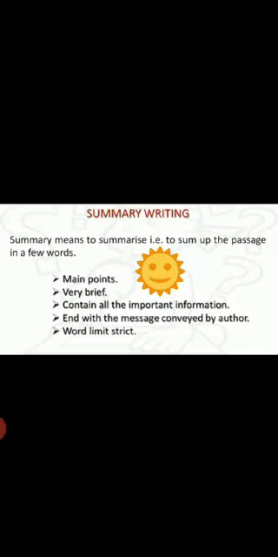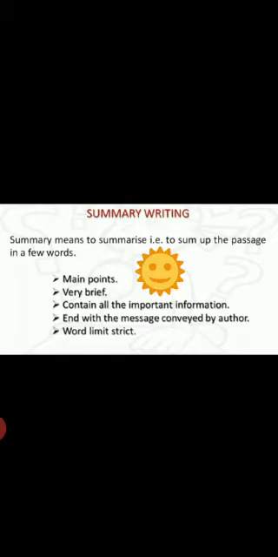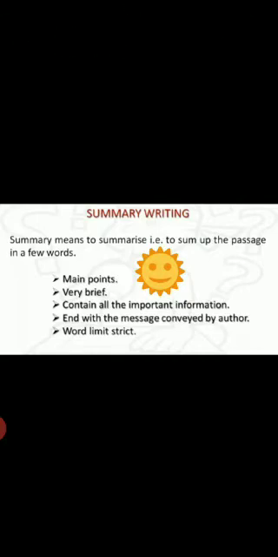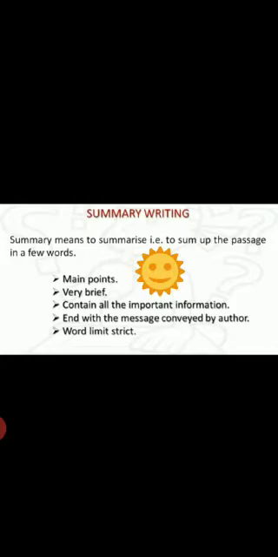And then, as far as writing the summary is concerned, first of all, the summary should be 1/10 of the total passage word limit. For instance, if the total word limit of the passage is 800 words, the summary should be in 80 words only. And there are some other points which we have to keep in mind, like the summary should be made out of notes and not the passage, right?